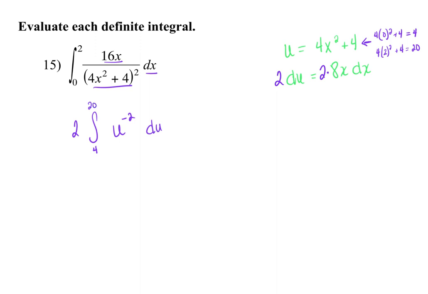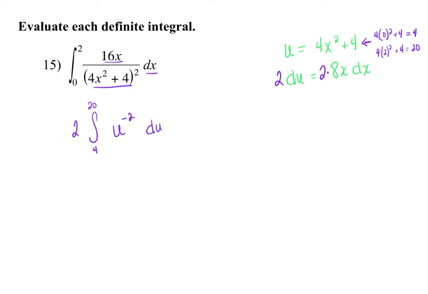All right? The reason I do that is now I don't have to replace my u when I'm done with integration. I can now just plug it in, because if I replaced my u and plugged in 0 and 2, it would be like plugging in those numbers.